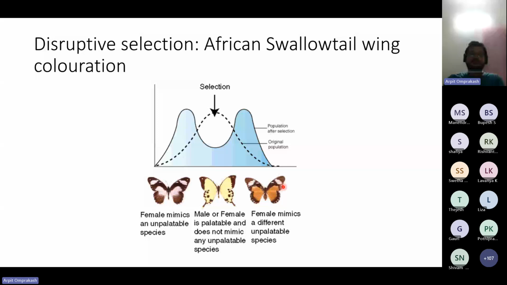But here, this is the natural color of the butterfly, and there's no mimicry. So the predator knows that it is safe to eat butterflies of this color. So the predator tends to eat more butterflies of this color and fewer butterflies of the other two colors. And that's why we have disruptive selection, where we have two morphs that have higher fitness than the median morph.